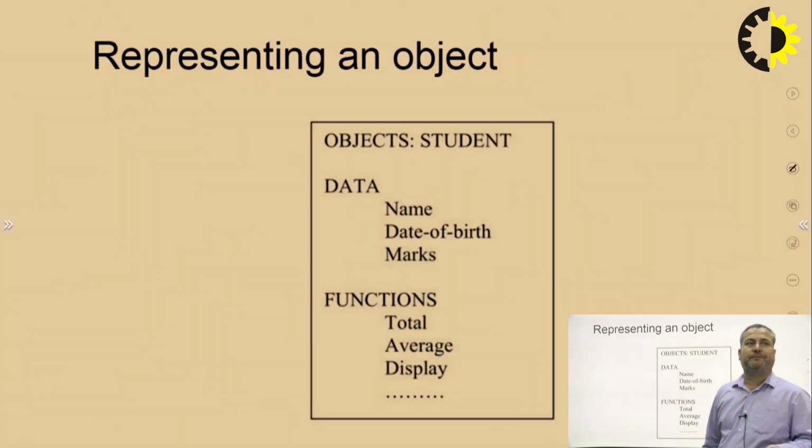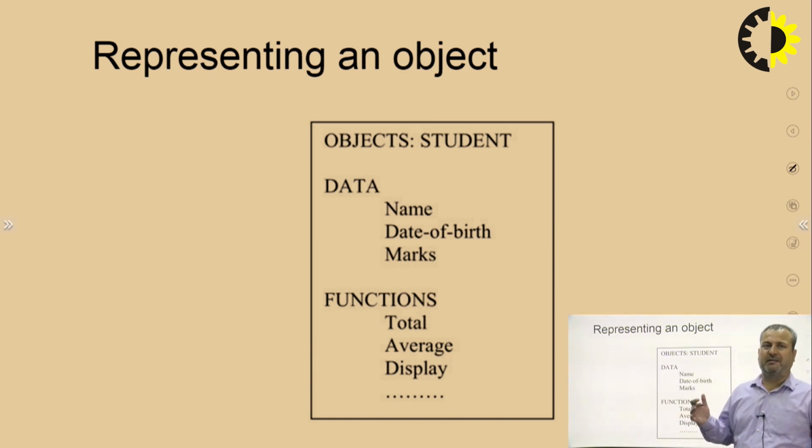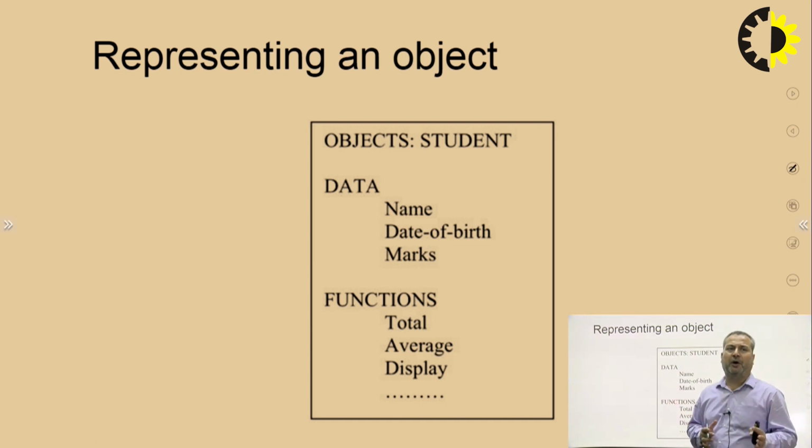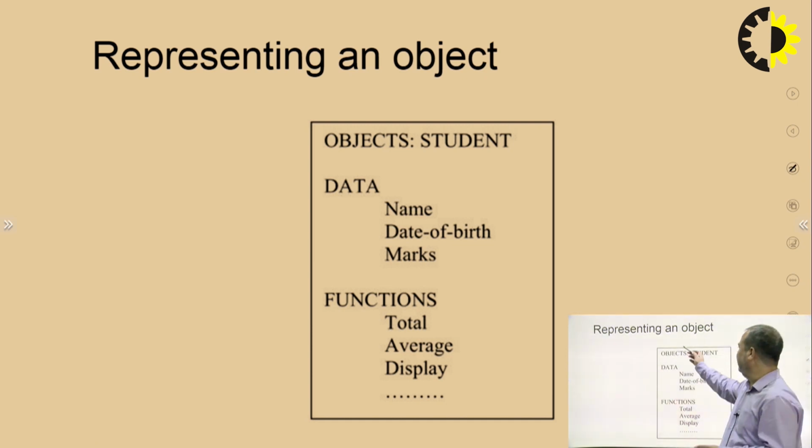Representing an object. While modeling, we can represent an object just by a rectangle, as in object diagrams, class diagrams and many other diagrams. The standard way to represent an object or even a class is just a rectangle.